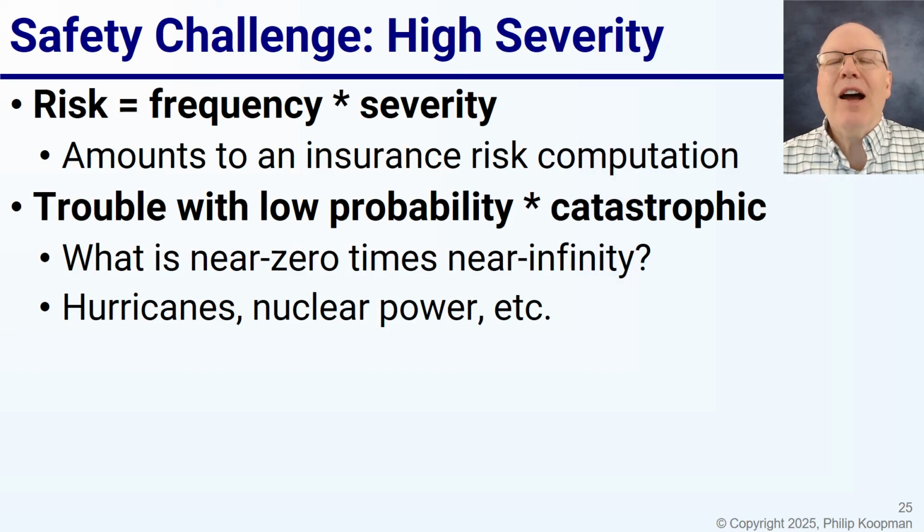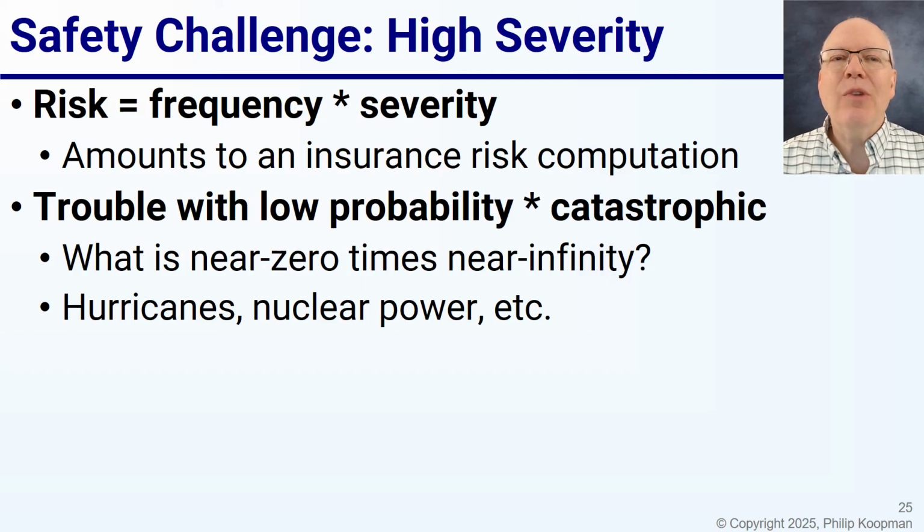But there's a problem with low probability times catastrophic severity. What's near zero times infinity? Those are problematic because if the catastrophic outcome is really severe, even a very low probability can have high risk, and you're almost always really guessing about the probability. We've seen this be a problem for hurricanes, for nuclear power mishaps, and so on, where the amount of damage is just huge, and people are kind of guessing about how often it happens, saying that, well, it'll probably never happen, so we're going to pretend it never happens.